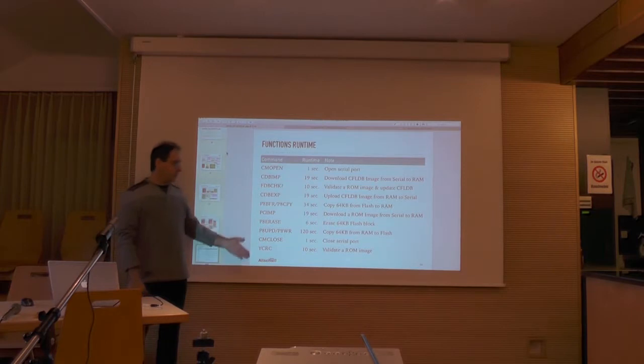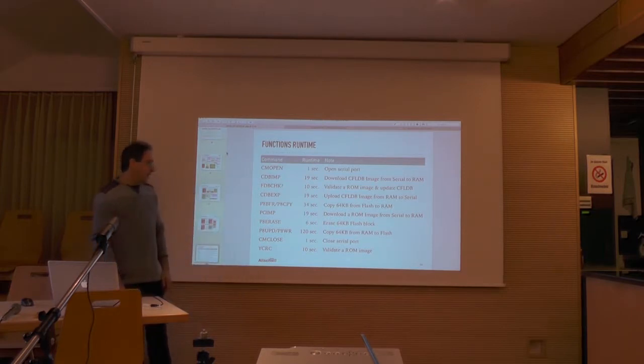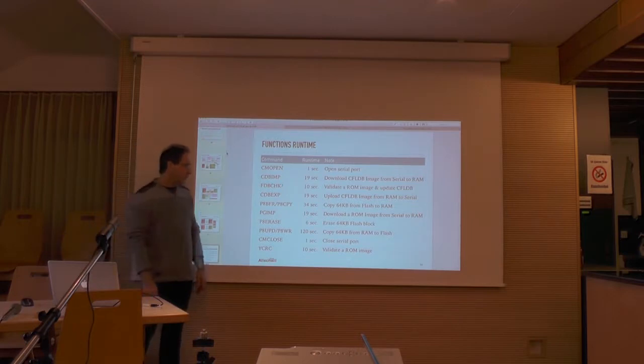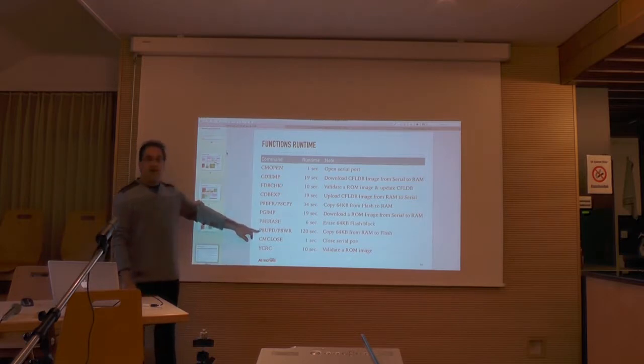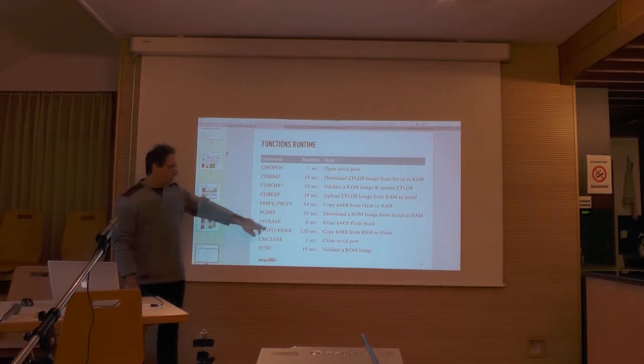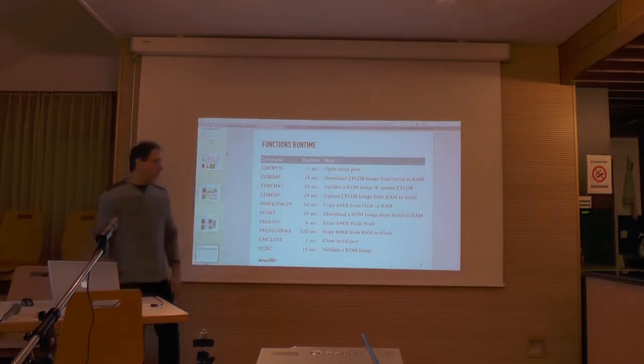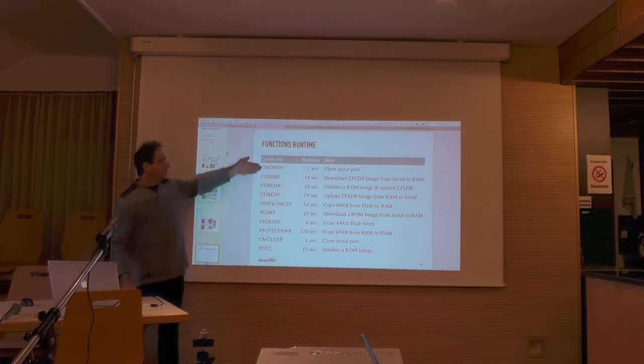It's based on those times. And you see that where it loses most of the time is when you write to the flash. A page is taking 1/20 second for 64K bytes to copy from RAM to flash. All the commands when you're doing a CM open are instantaneous.